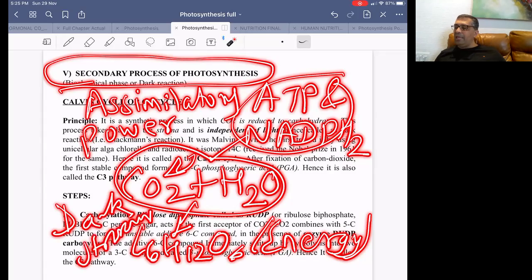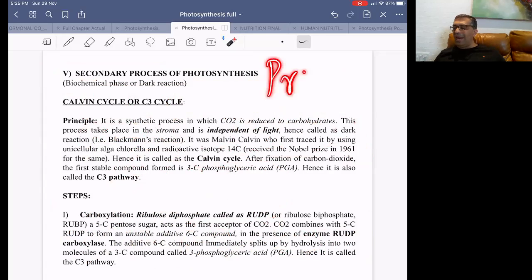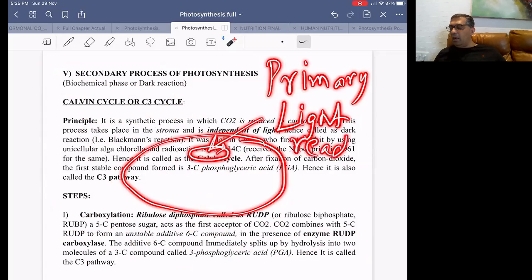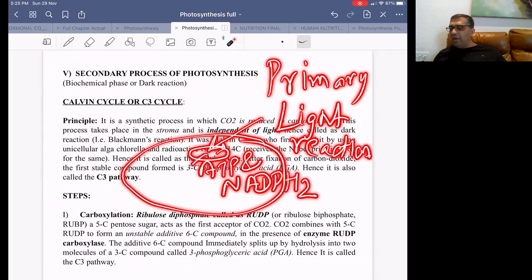So, where does primary process or light reaction take place? In the grana. What is formed by light reaction? ATP and NADPH2. And where will ATP and NADPH2 go from here?